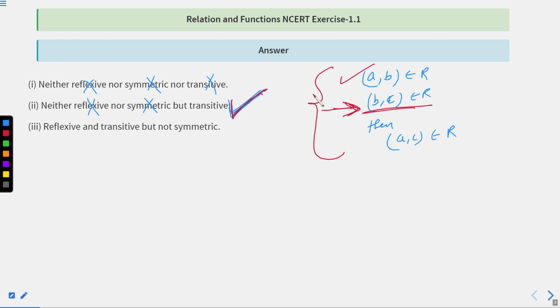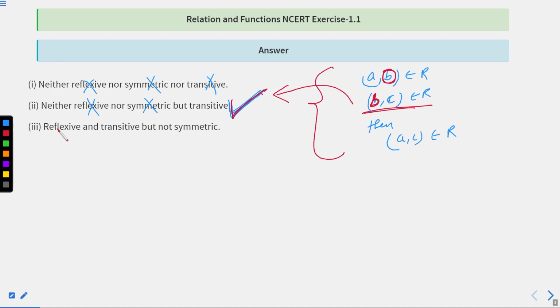What we want is that my definition does not get violated or contradicted. So no contradiction over here, because we do not have any pair which starts with the same element over here. So we always take it as transitive.